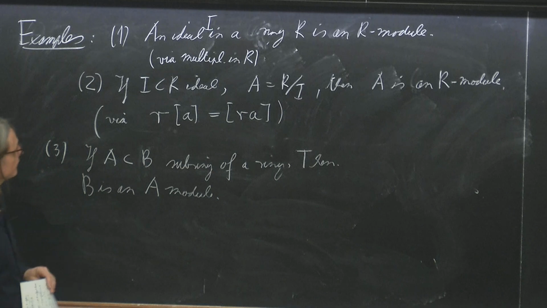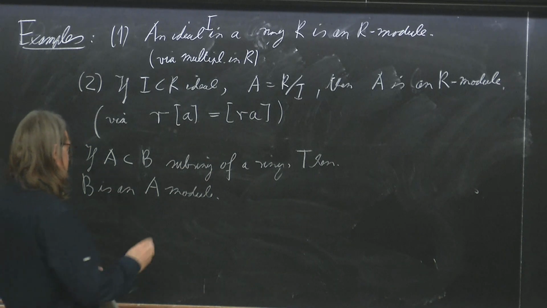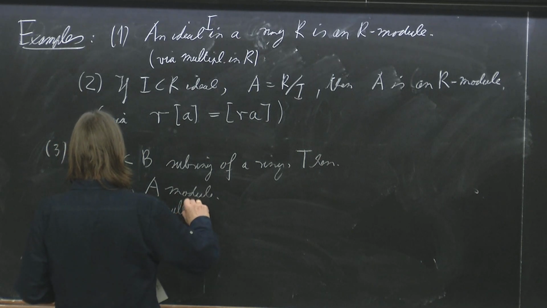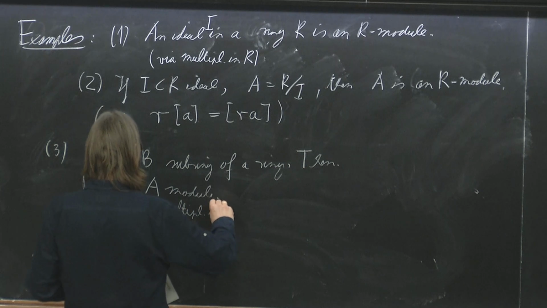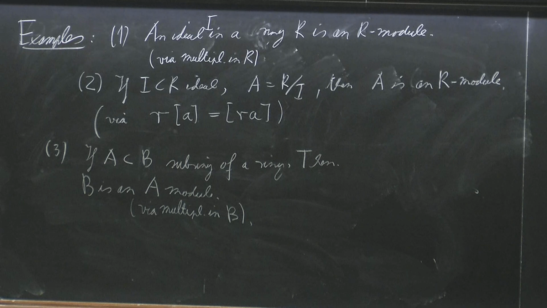And this is again via the restriction of the multiplication in B. So these are all quite obvious examples.